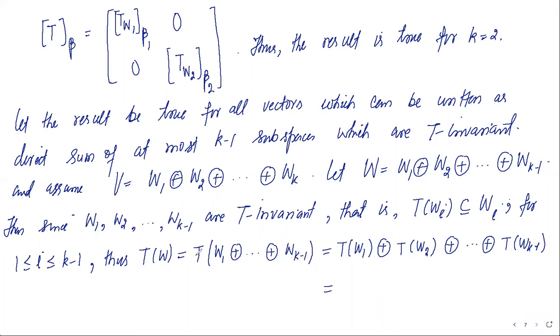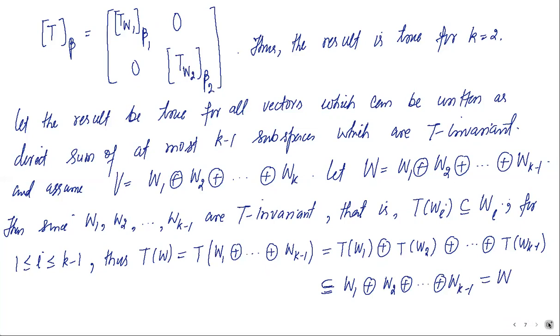And T is a linear operator, so it acts on this sum in this way. But now T of W1 is contained in W1, so this is a subset of W1 plus W2 plus so on plus Wk minus 1, which is equal to W. So therefore T of W is contained in W. So therefore W is also a T invariant subspace.